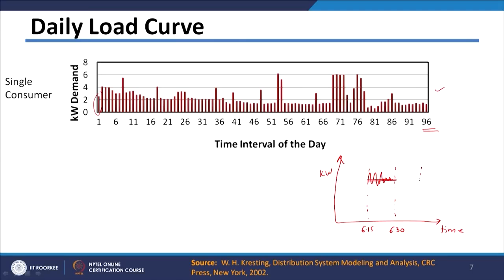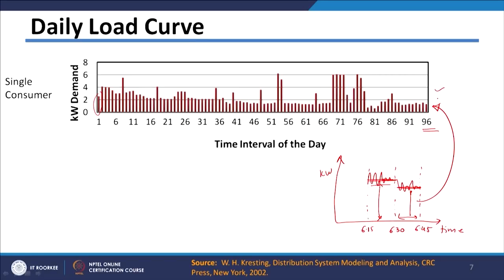And say the next slot is up to 6:45, and in this case also it may be changing like this. Then you take the average. So this is nothing but the 15 minutes demand of this slot, and this is the 15-minute average demand at this slot, and these average demands will be plotted into this particular curve, which will give you the 15 minutes demand curve.